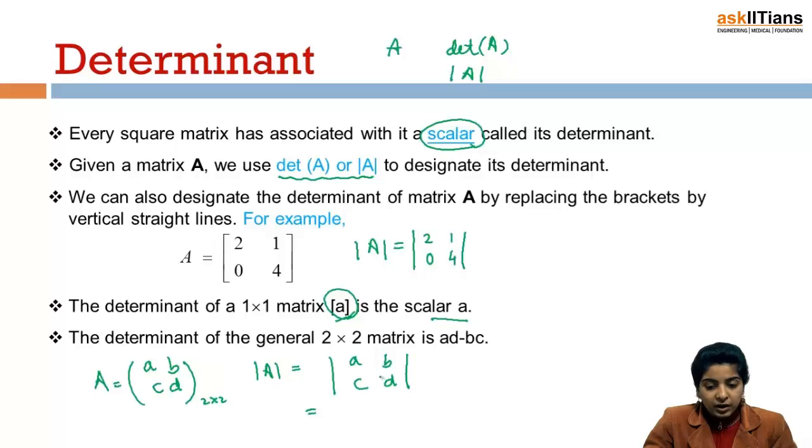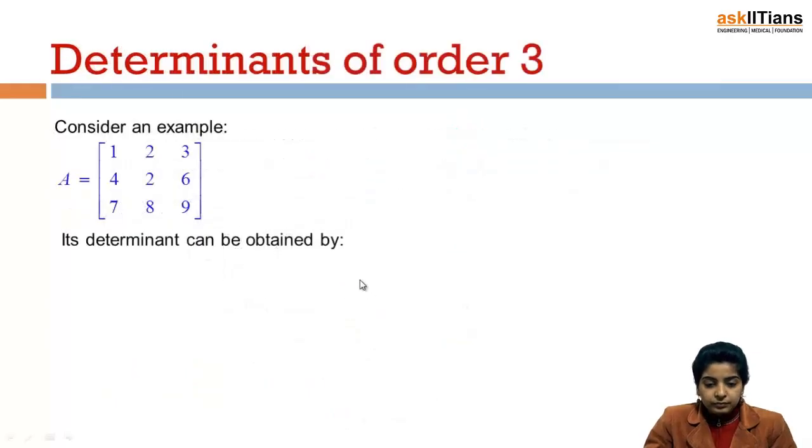In case of 2 cross 2 matrix, you just multiply these two elements, that is AD, minus sign in between, and then multiply this element with this element, that is AD minus BC. That is the value of the determinant of the most general 2 cross 2 matrix. As I told you, in case of 2 cross 2, you just need to multiply the two diagonal elements first this way and this minus this way, right?